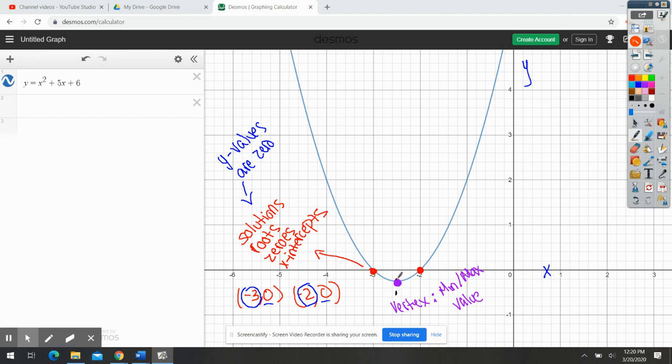The line of symmetry of any parabola goes through the vertex point. So it's the vertical line here, and it is the vertical line that breaks this parabola in half. Here, this line would be x equals -2.5, right in between -3 and -2. So that would be the equation of that line. This would be your line of symmetry.